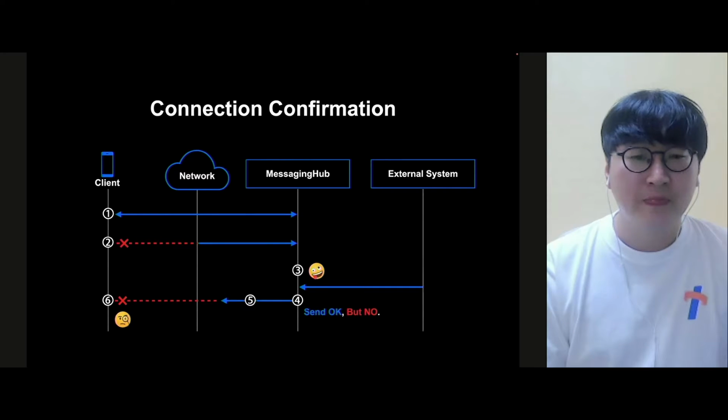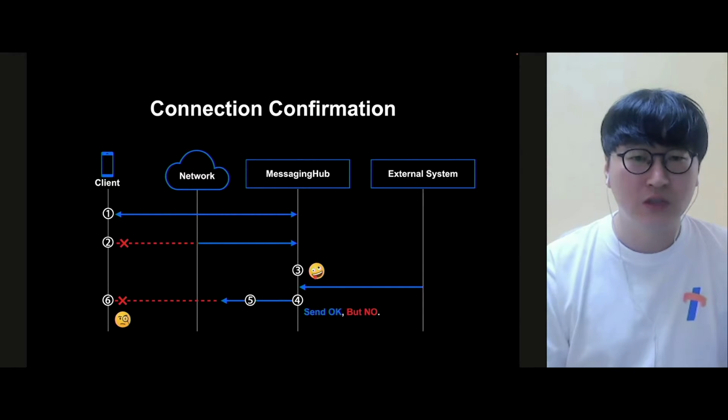Connect is a connection confirmation with the client. Depending on the client's network environment, the actual connection may be truncated, but the messaging hub, not knowing the environment of the client, may not understand this. So the network environment alone is not sufficient in these cases.